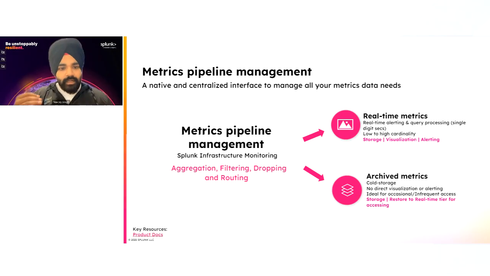The other tier, archive tier, is something that we released recently last year. So it is kind of a cold storage. Now, there might be some charts, some detectors, where you need the data in single digit seconds. You need real-time alerting.